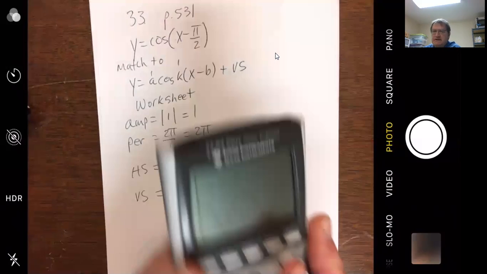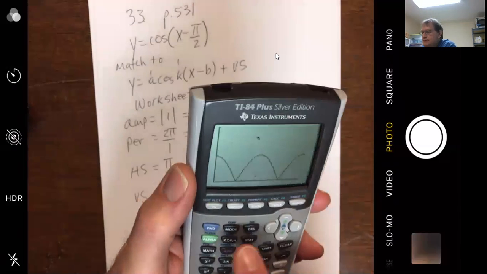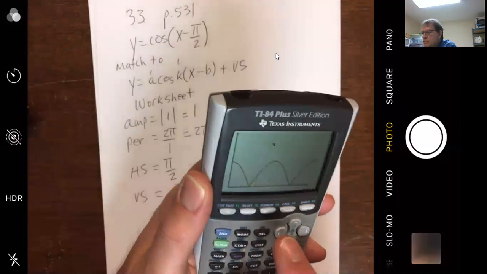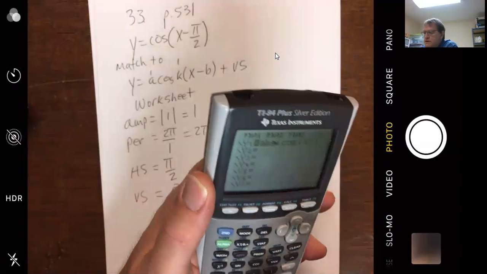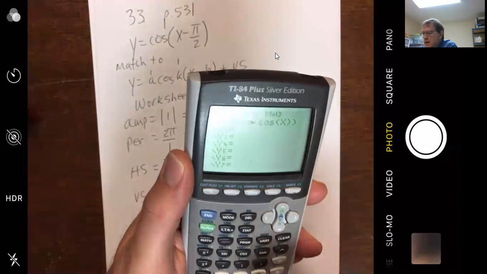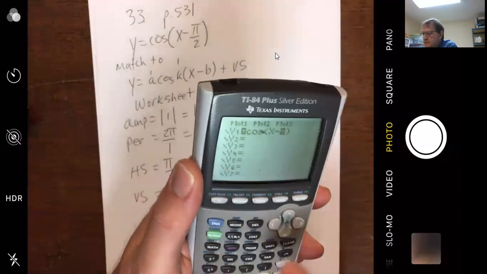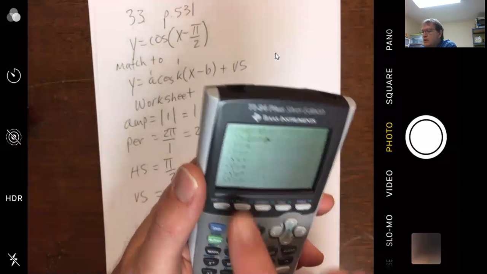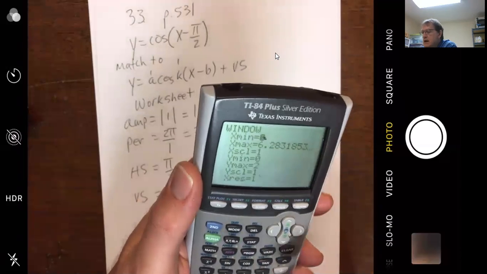This is probably going to look like a sine wave. Cosine of x minus pi divided by 2. Window 0 to pi.